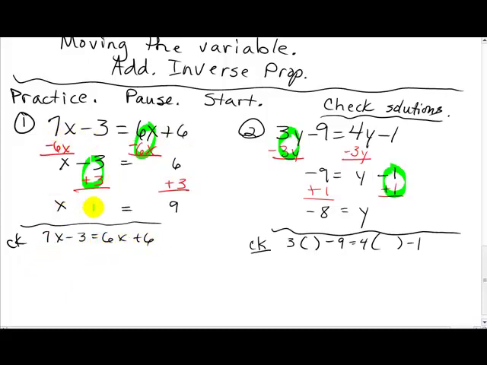We're saying x equals 9. 7 times x minus 3 equals 6 times x plus 6. Take the 9, put it in here, multiplying before we do the subtracting. Multiplying over here.